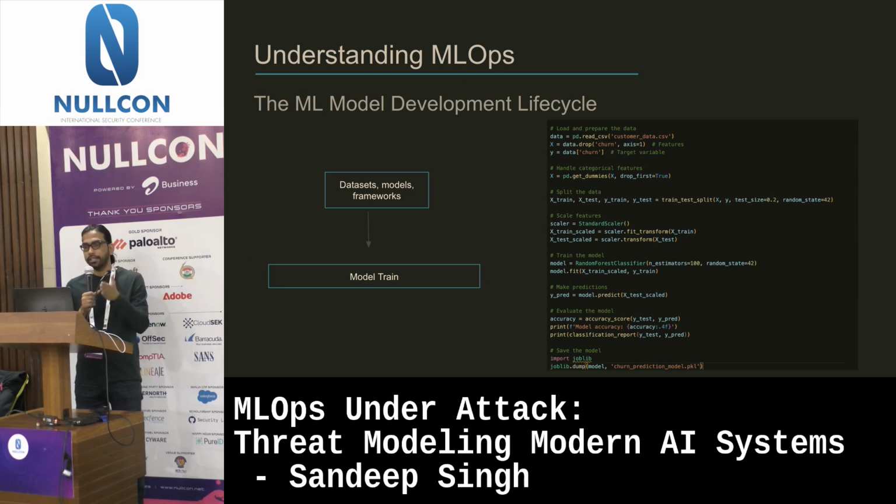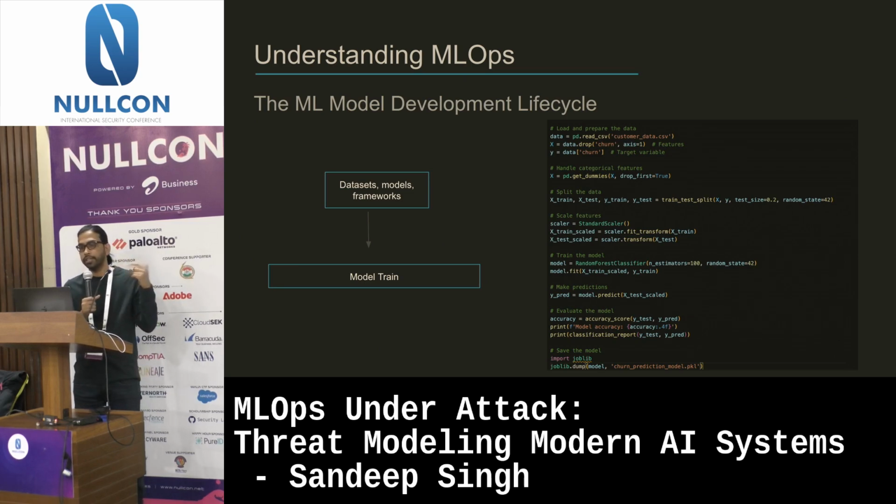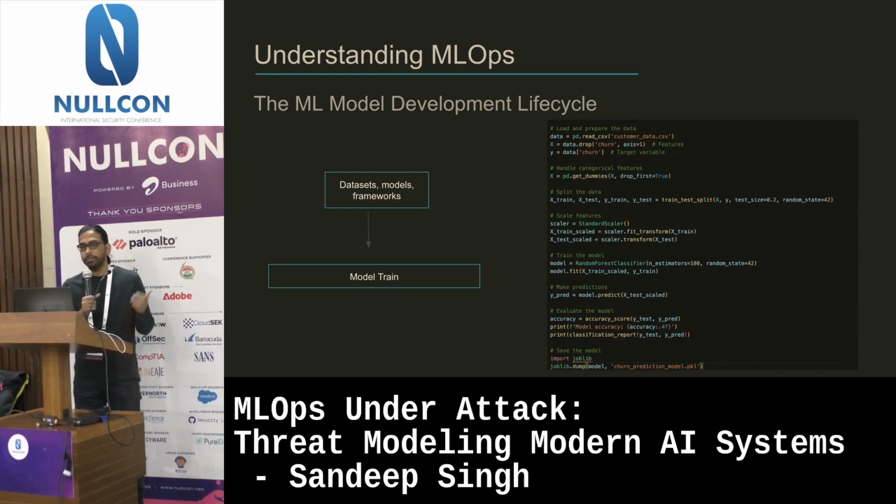Then you split the data into training and test data. Then you train it using the random forest classifier model, and then you start making predictions. So this is as simple as that, in a super high level abstract way. But it can start getting complex the more you get involved. So just to give you an understanding, this is how it looks.